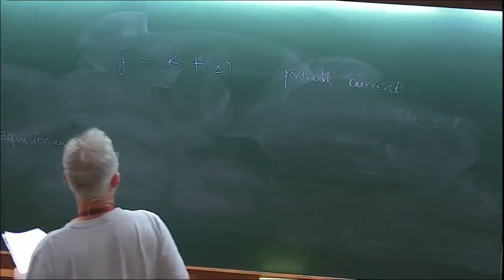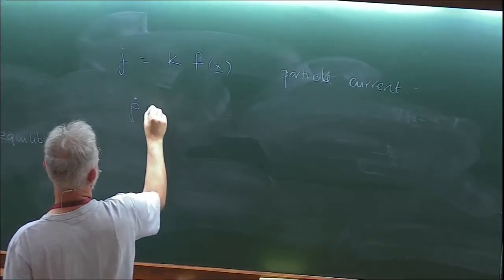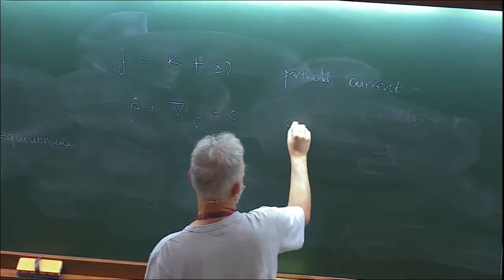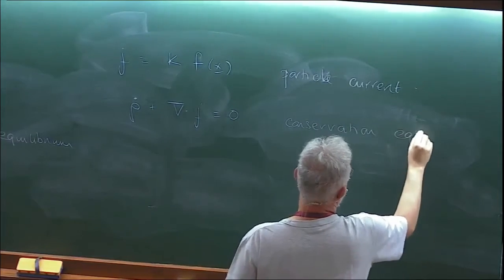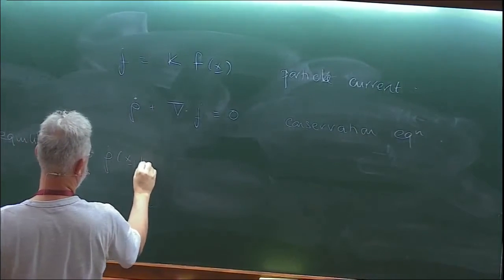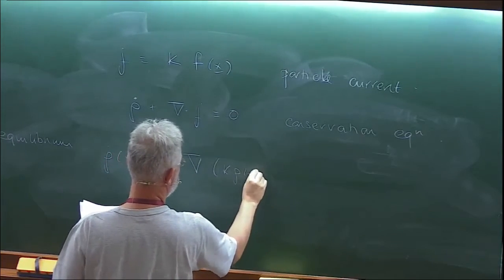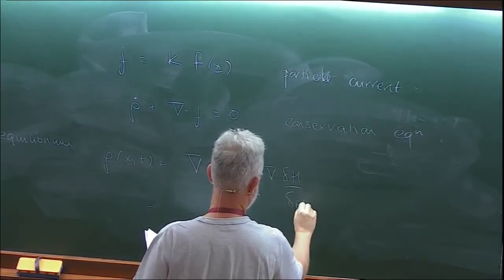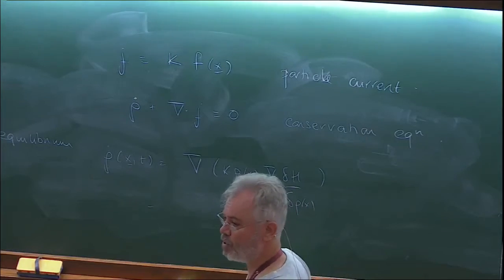Now if I use the conservation of matter, rho dot plus the divergence of J equals zero, it gives me the equation rho dot of x and t is equal to the divergence of kappa rho of x times the gradient of dH by d rho of x. This is an argument in one of Kawasaki's papers where this equation was derived phenomenologically.